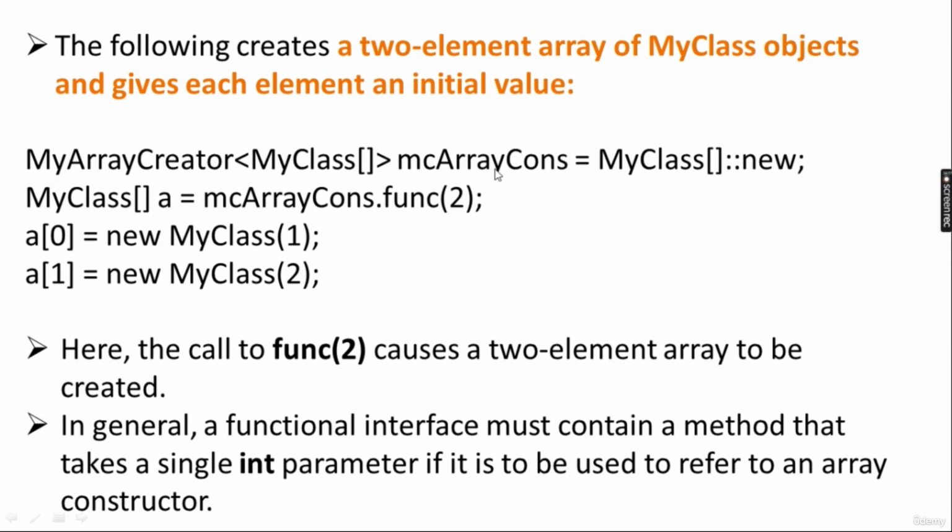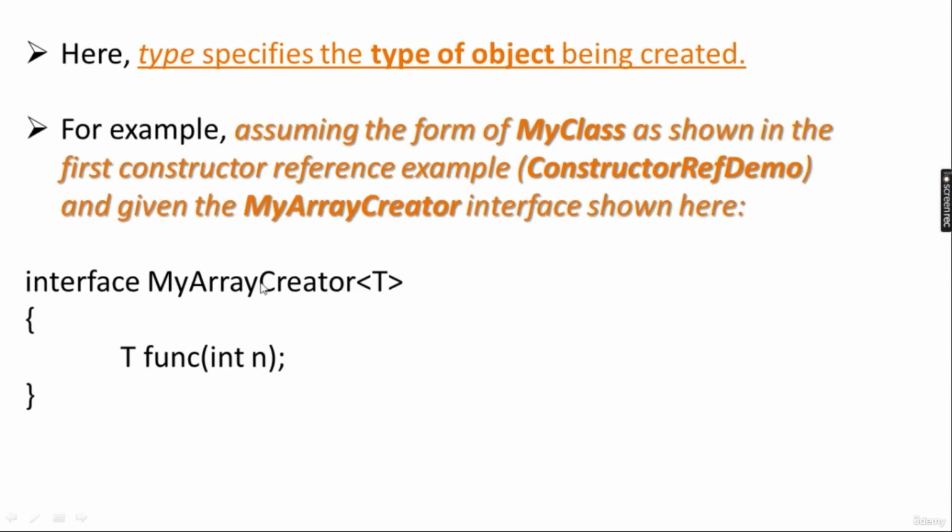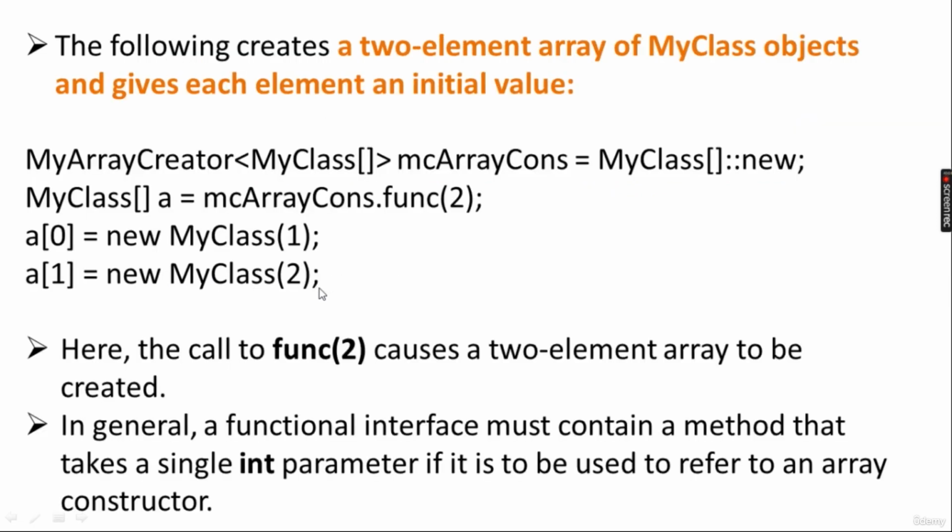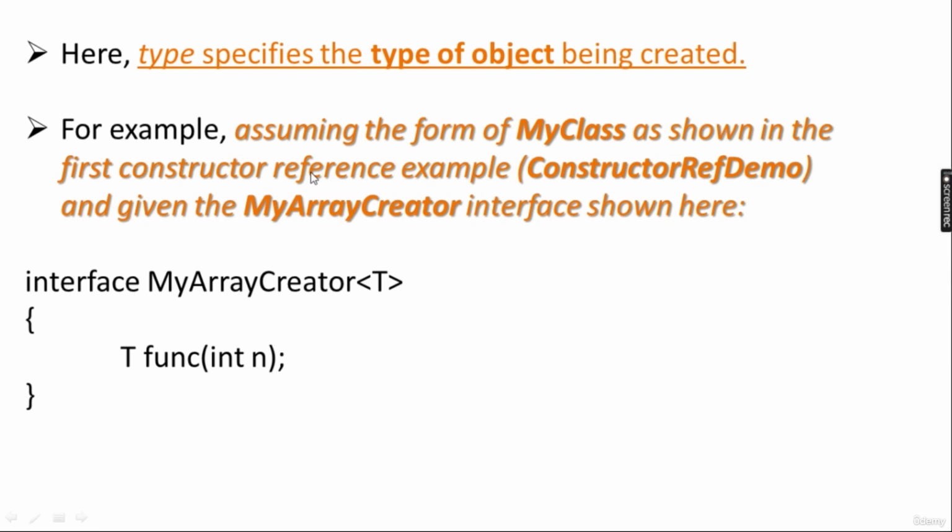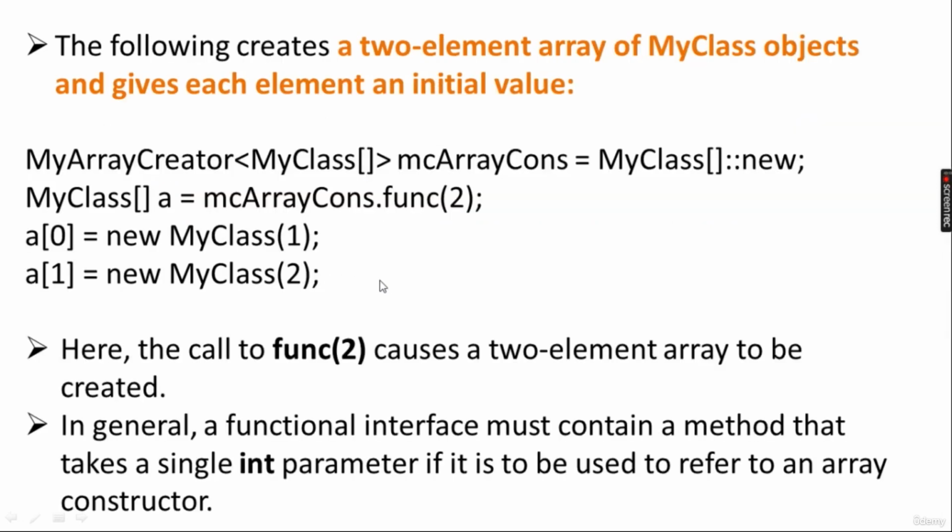Then my array creator constructor reference can be created like this. So this is the interface name, the functional interface name, my array creator. What we are passing over here is an array, not a single primitive type. We are passing the array of class objects. My array constructor is equal to my class, a type, that is it has the type of array.